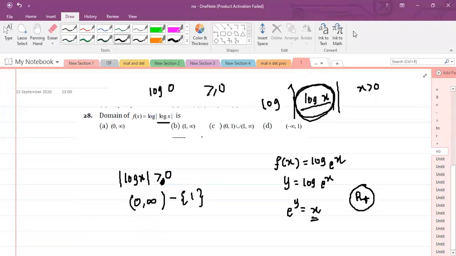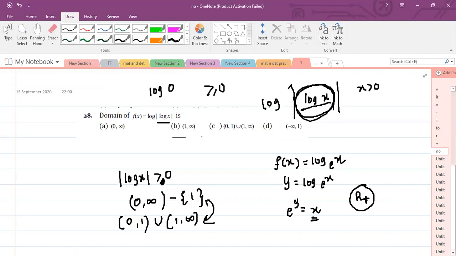So it is 0 to 1, every value in between 0 and 1 can be considered. Next, from 1 to infinity also you can consider. So 0 to infinity minus singleton 1 is the same as this.